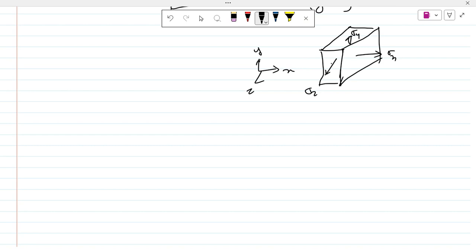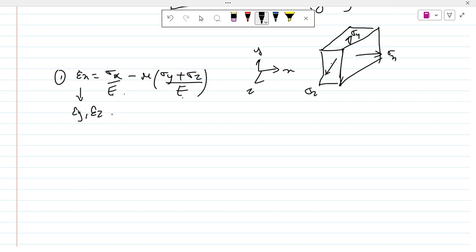In this case, strain in x direction, that is epsilon x, equals sigma x by E minus mu times (sigma y plus sigma z) by E. In case of isotropic material, E is the same in each direction, and sigma y and sigma z are loading in the other direction than x. Similar is the case for the other strains, epsilon y and epsilon z.